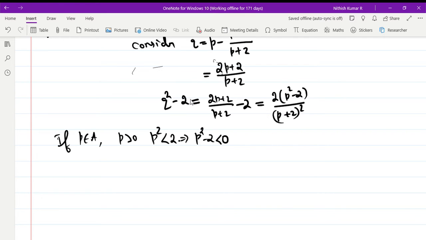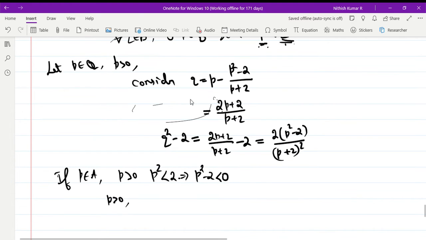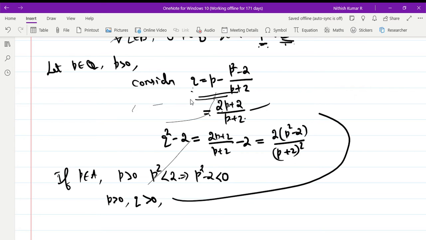Now using this relation, p greater than 0, therefore q is also greater than 0.